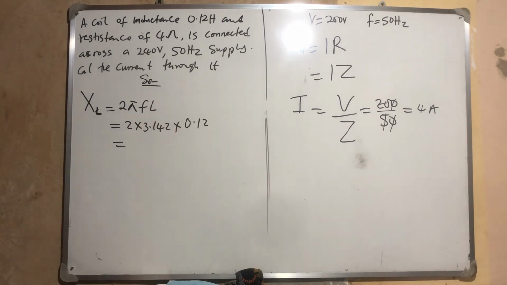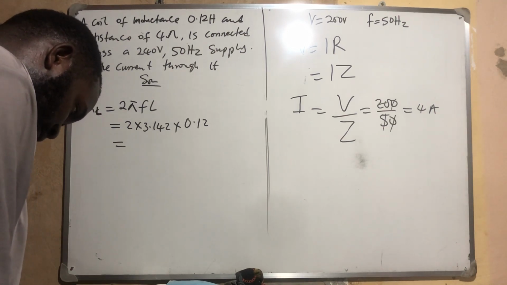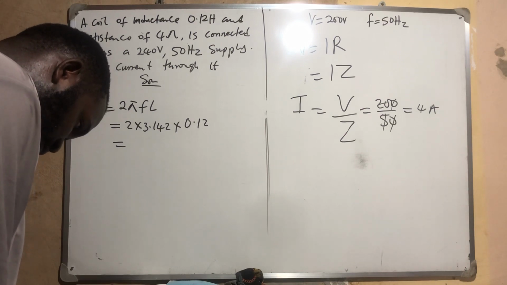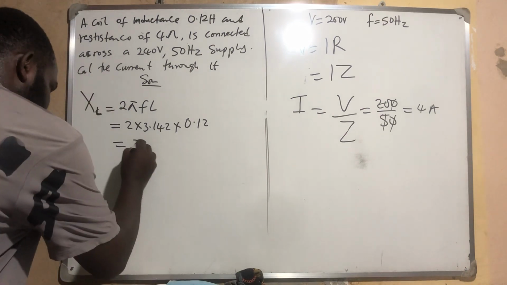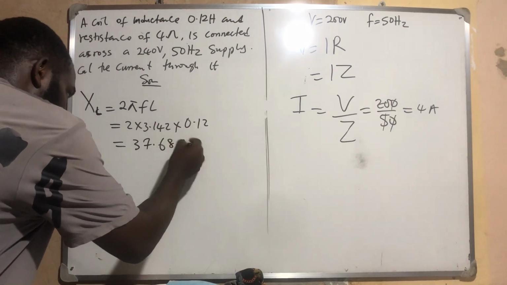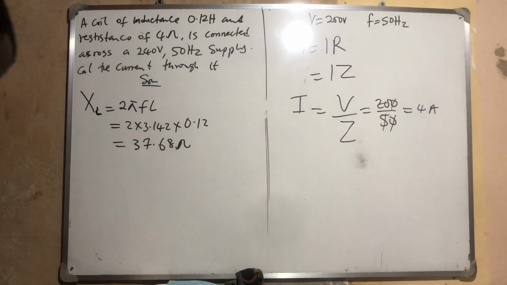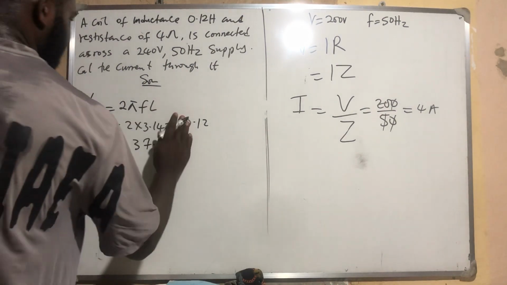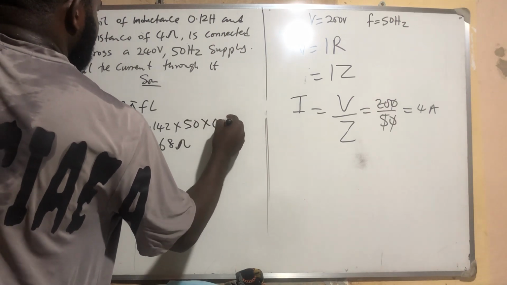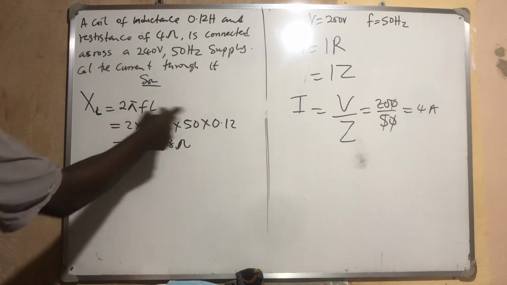So if you multiply everything, I don't have my calculator here, I'm going to have 37.68 ohms. Okay, 37.68 ohms. My F first, times 50, then times 0.12. So that is 2 pi FL.